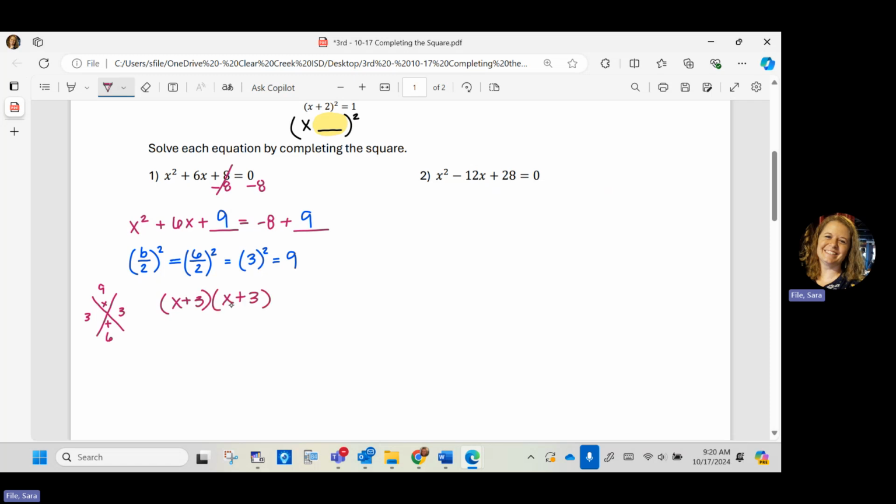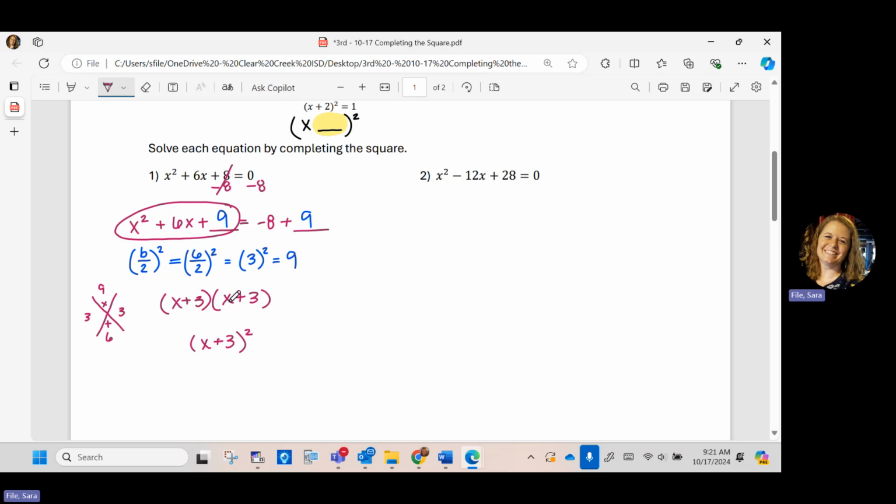So instead of writing it that way, isn't that the exact same thing multiplied by itself? That's why we just write it as x plus 3 squared. So we took this perfect square trinomial and it became this binomial squared.